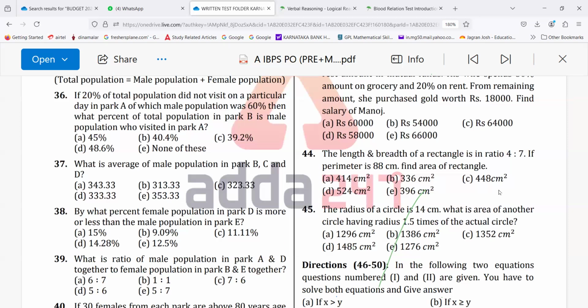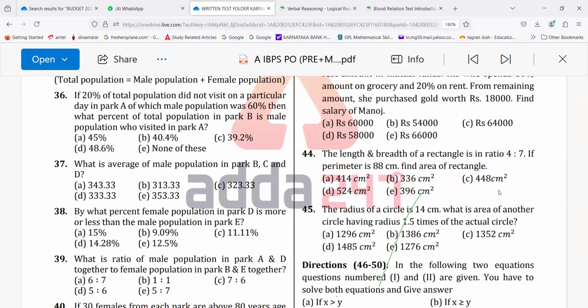If the length of the rectangle is L and the breadth of the rectangle is B, 2L plus 2B is equal to the perimeter. In Tamil, we call it sutralavu. That is one length, two lengths, one breadth, two breadths. So 2 lengths and 2 breadths is equal to the perimeter.